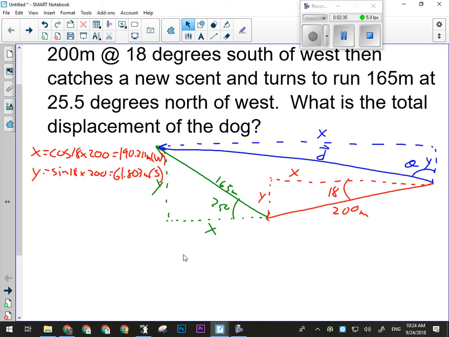All right, then I have to do the same thing for the green triangle. X is adjacent to the 25.5-degree angle, so I'll have the cos of 25.5 times 165 meters. Y is going to be the sine of 25.5 times 165 meters because it's the opposite side.